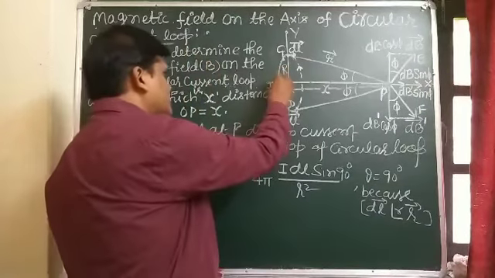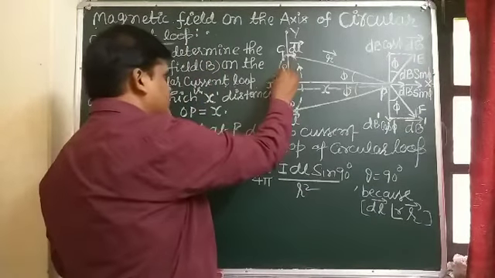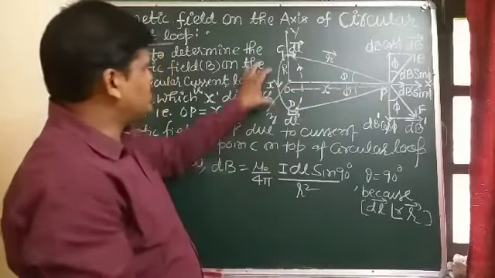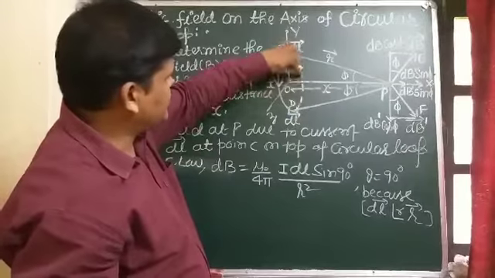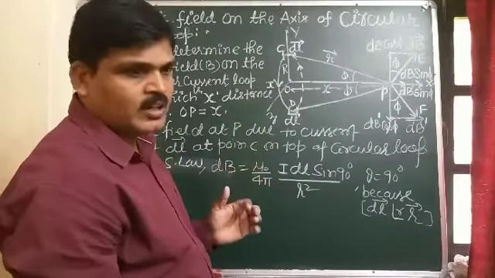Students, see carefully. Here the current is flowing in the circular current loop. This will be the front part of the circular loop, and this will be the back side of the circular current loop.